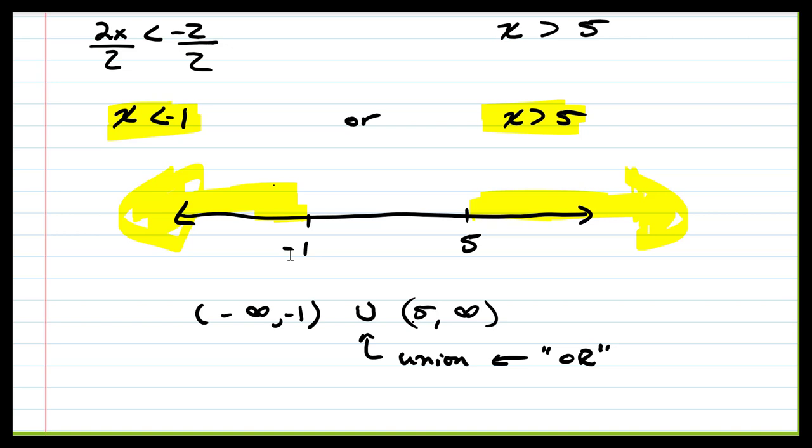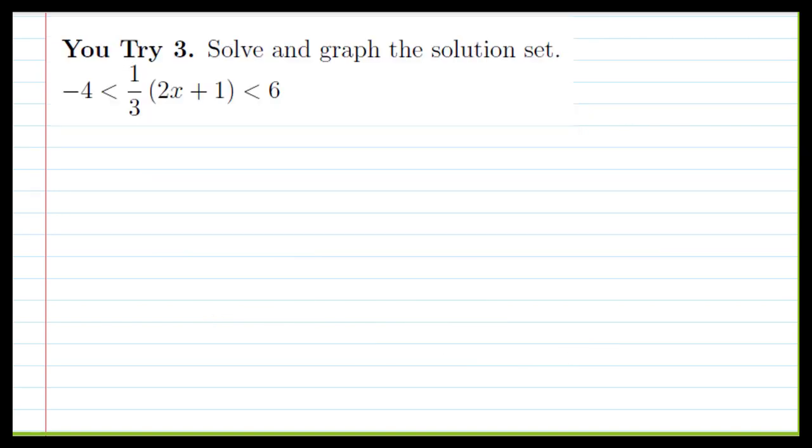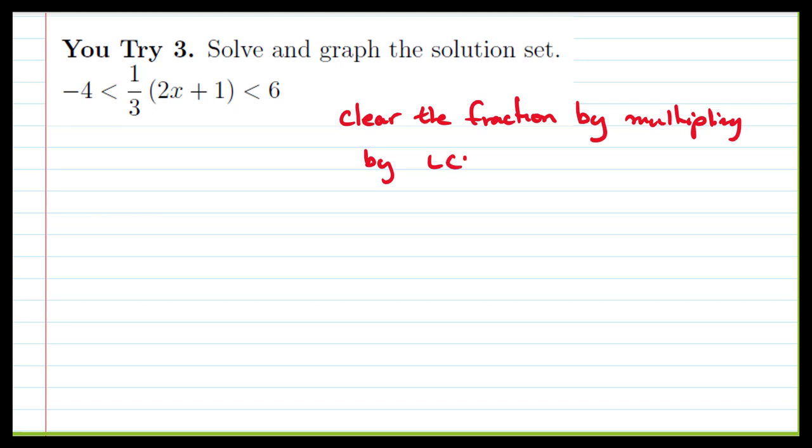All right. So now it is your guys'. So the best way to do Try number 3 is to clear all of our fractions by multiplying by the LCD. So if we want to clear the fractions by multiplying by the LCD, in this case our LCD is pretty simple.